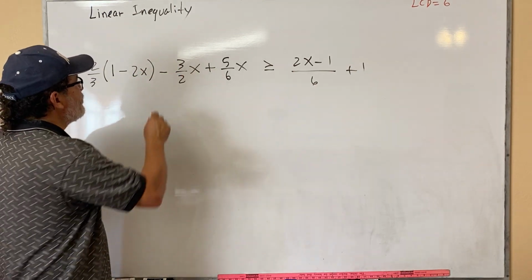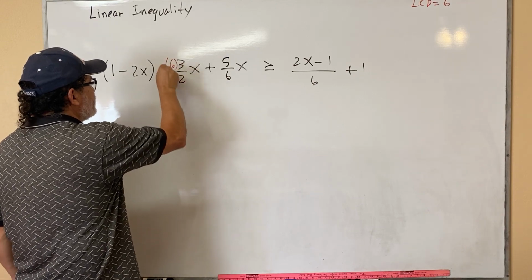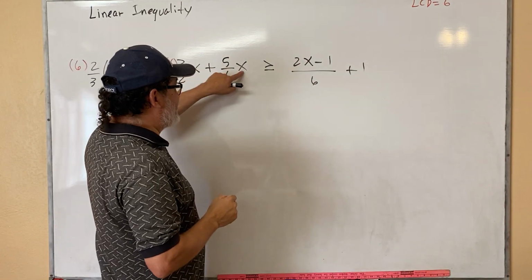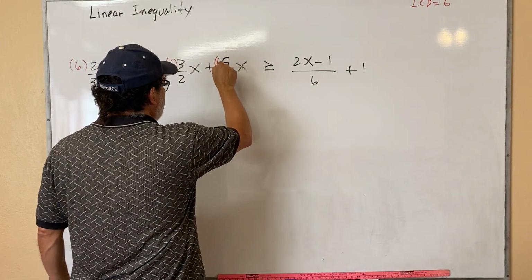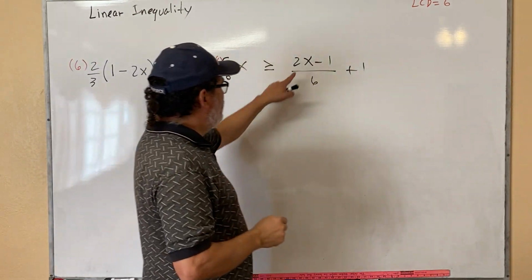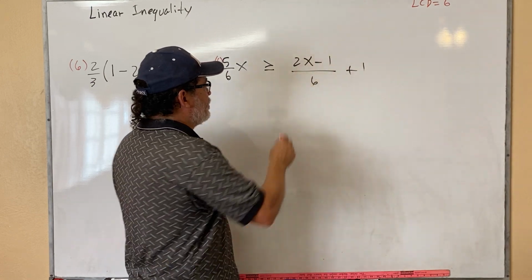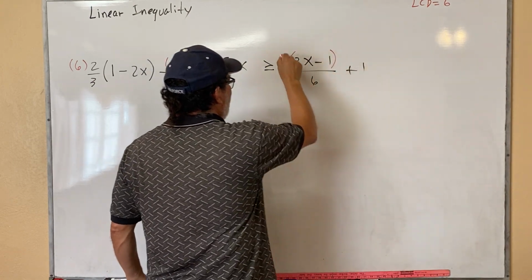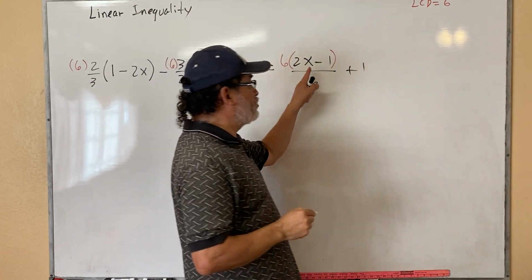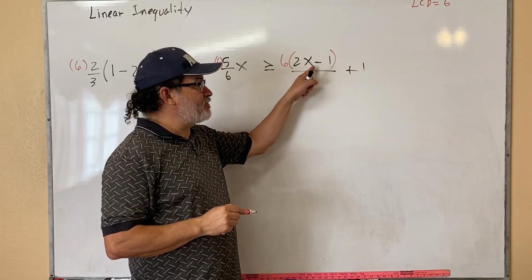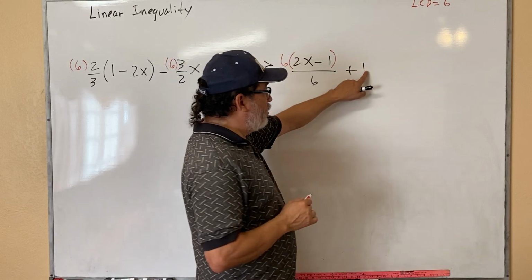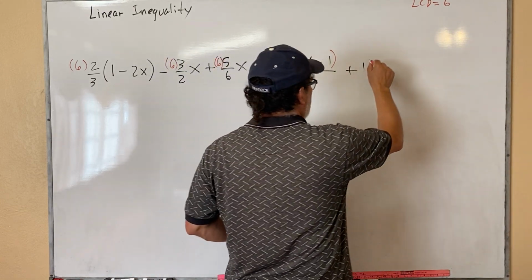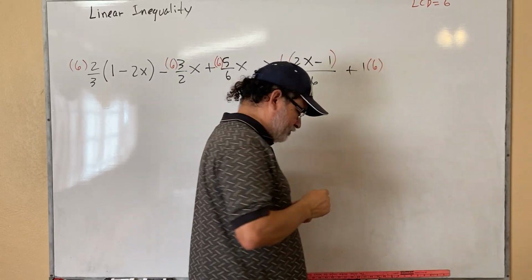That's 5x. Multiplied by 6. You better use parentheses because 2x minus 1 is a numerator, it's a binomial. And that's a numerator too: 6.